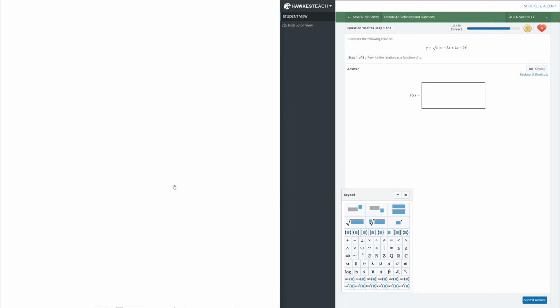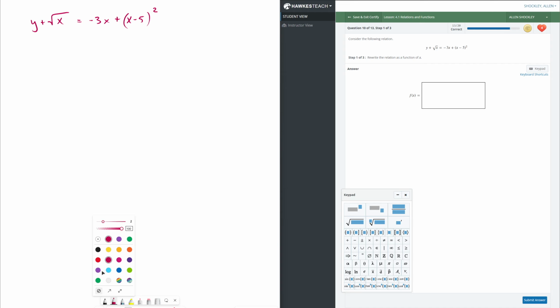Again, you're going to rewrite, because we love rewriting things. Look at me. Y plus the square root of X equals negative 3X plus X minus 5 squared. You could do a lot here. You can also be extremely lazy. Remember, all it wants is that Y is by itself.